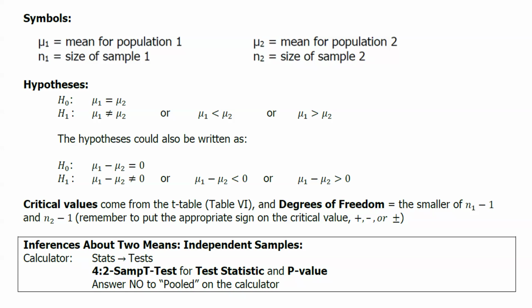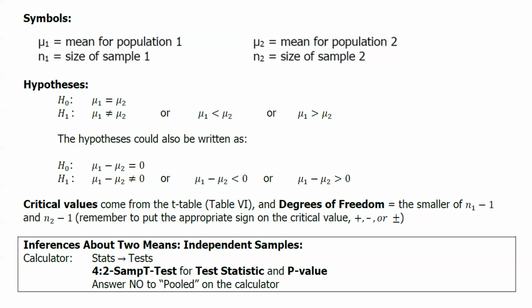Okay. So the idea here is the same as proportions. So we're asking ourselves, are the two means equal, or is one bigger than the other? Okay. Next, we have critical values. Critical values come from the t-table.